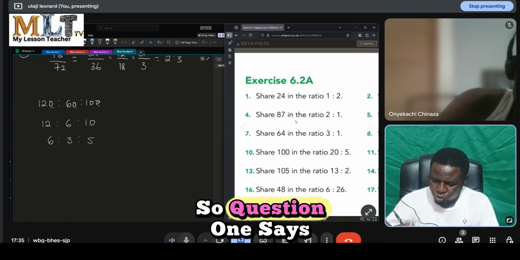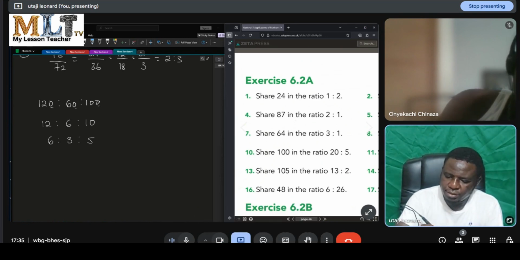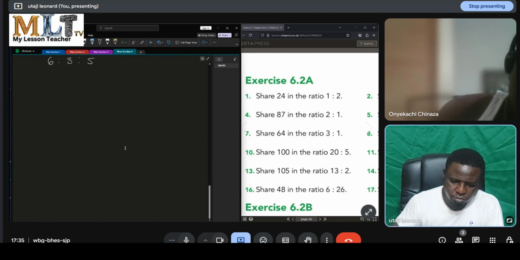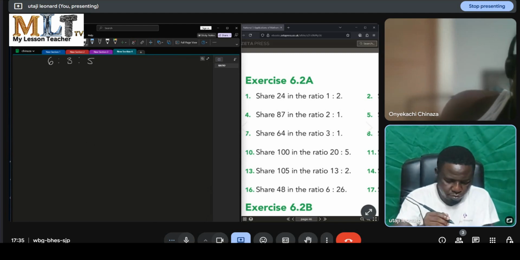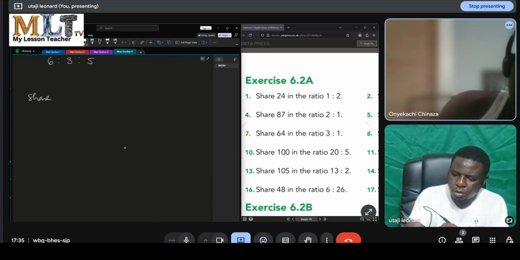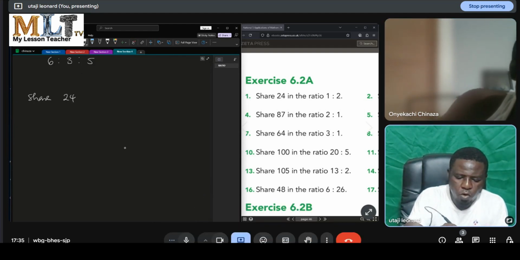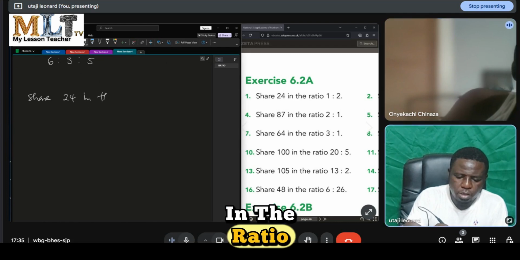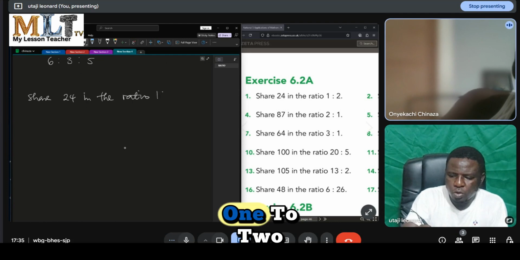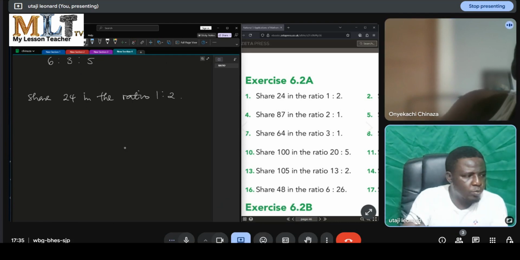So question 1 says we should share 24 in the ratio 1 to 2.